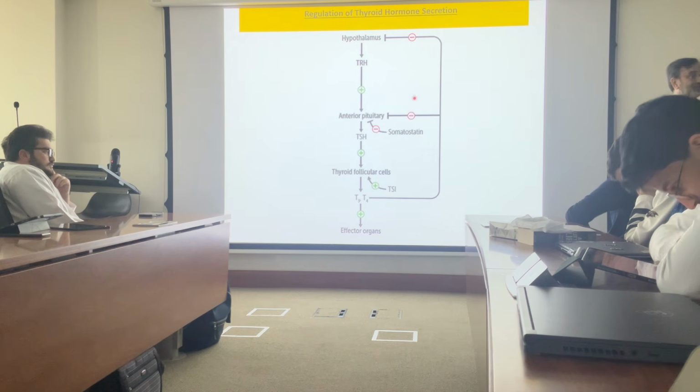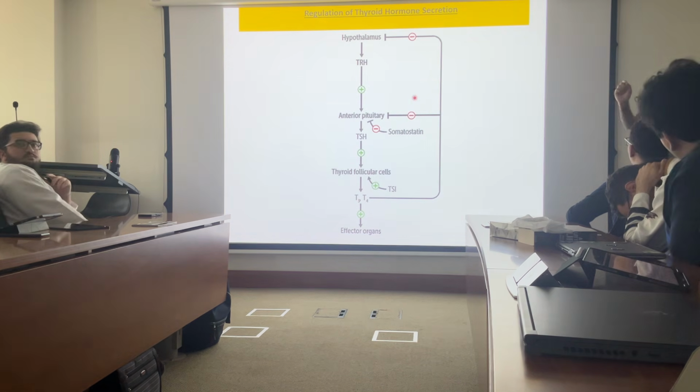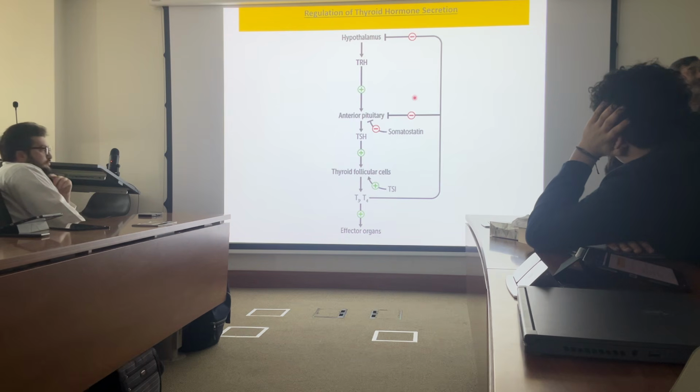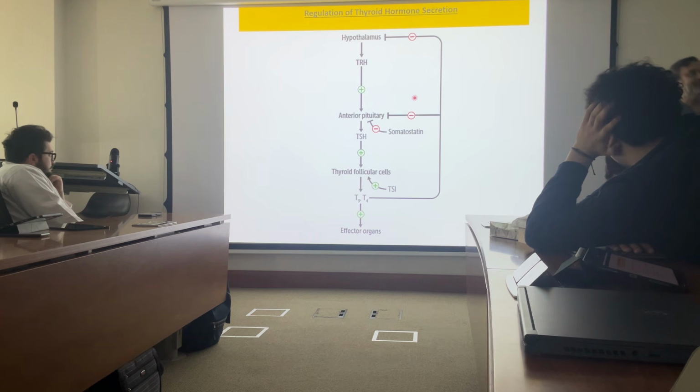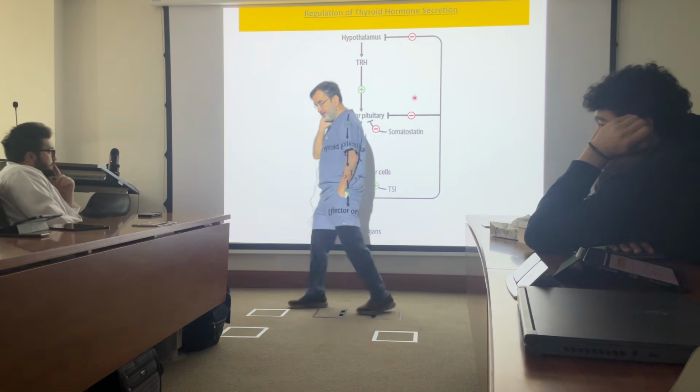So this is an opposite relationship. Somebody can trick you very easily and tell you that TSH is high. When TSH is high, this means hypothyroidism, because the anterior pituitary is trying to push the thyroid gland to produce more thyroxine.